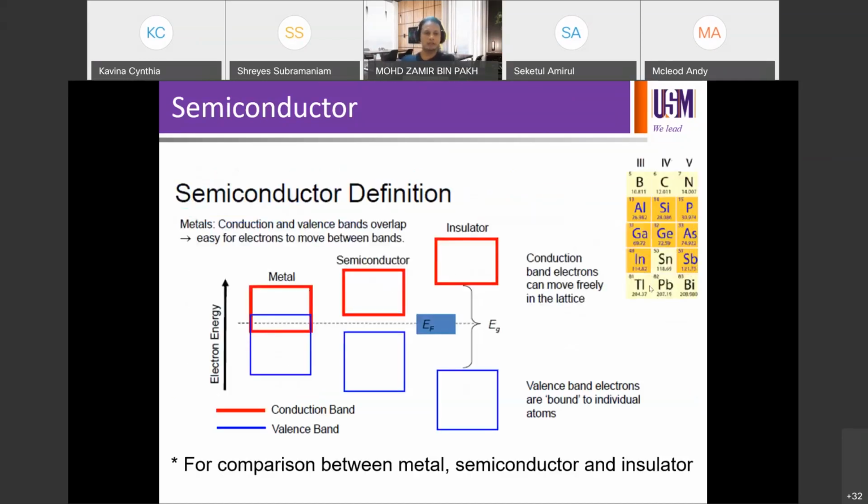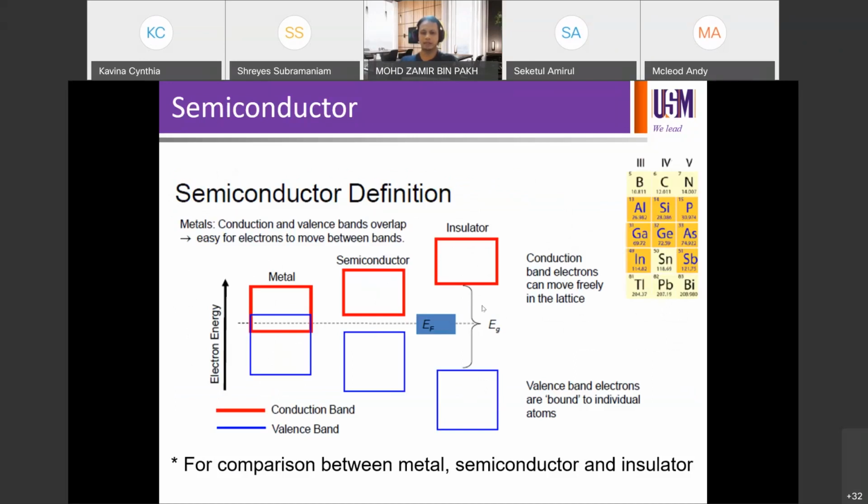So semiconductor in definition, so we have compared so far the electron energy on the y-axis for metal, which you have seen overlaps of conduction band and valence band, right? Conduction band on the top and valence band on the bottom. So you can see the overlap. So semiconductor lies in between metal and insulator because they have not too small, not too big, a moderate band gap or energy gap.